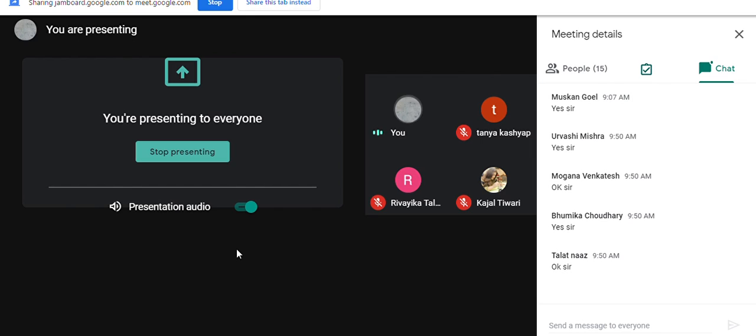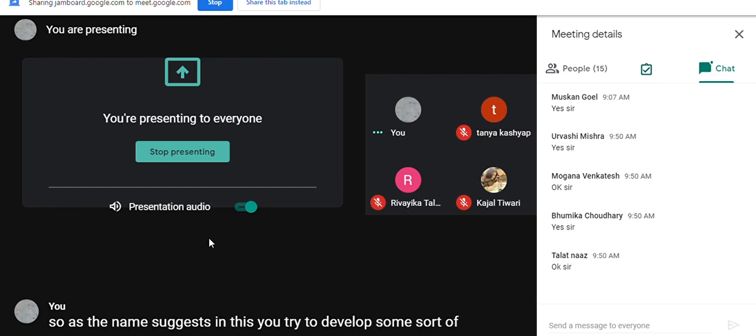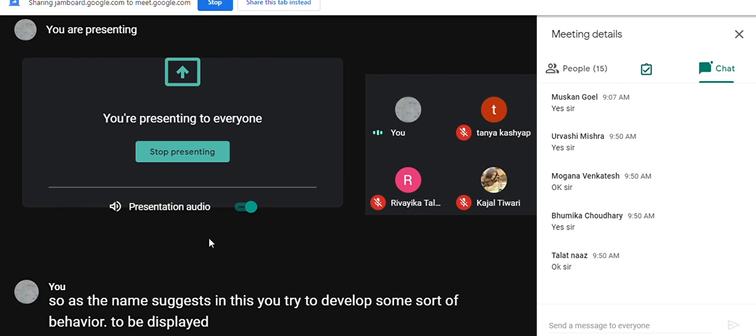Then next method is behavior modeling. So as the name suggests, in this you try to develop some sort of behavior to be displayed by the employee during some roles or some duties.